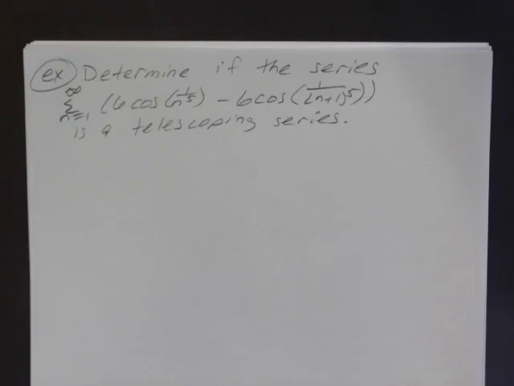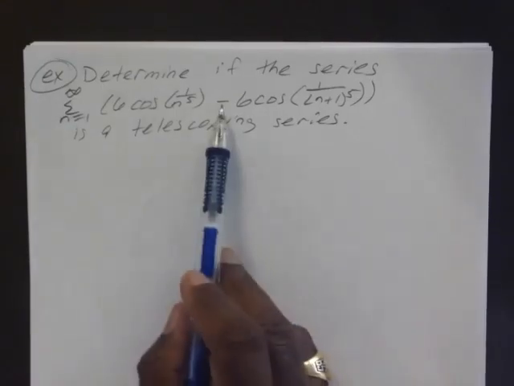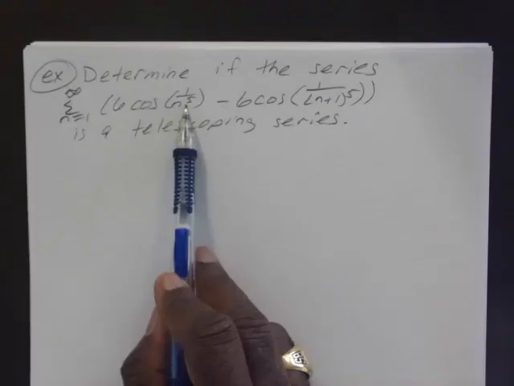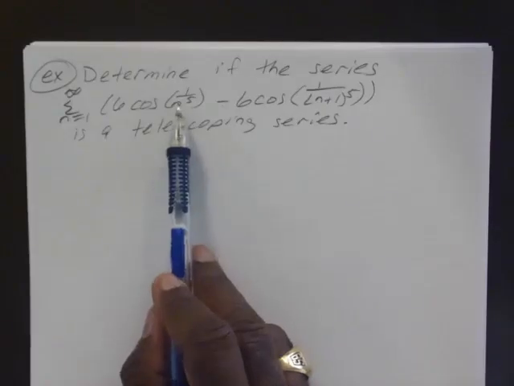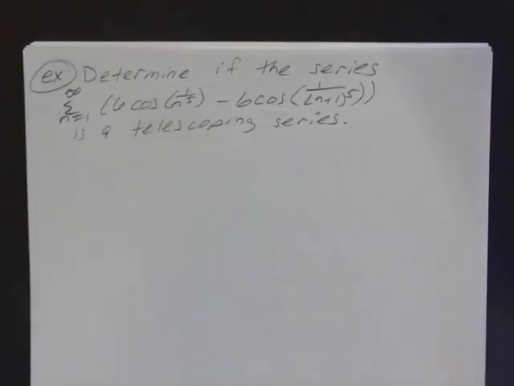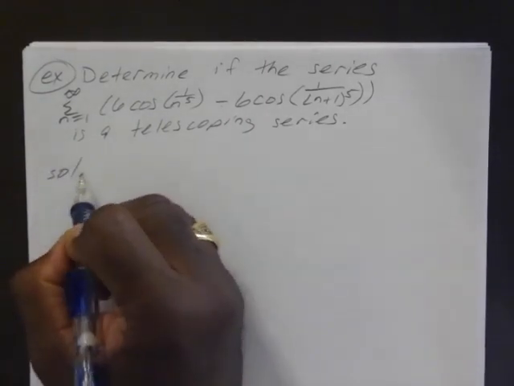Now this one looks a little more promising because it's subtraction. You have the same terms, but the only difference is one is n and one is n plus 1. So there are instances where that wouldn't be a telescoping series, even though it looks like it would be. But in this case, it looks like it might be, but we can always verify it.